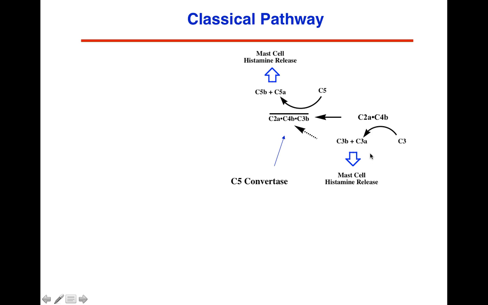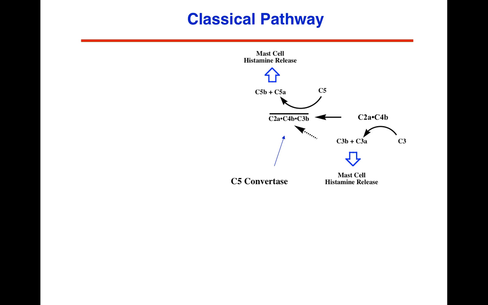Now, one other feature of this is that the C3A here and the C5A here will go and activate mast cells. And mast cells are important because they will initiate potentially histamine release. They also further activate an immune response, as well as other cytokines.